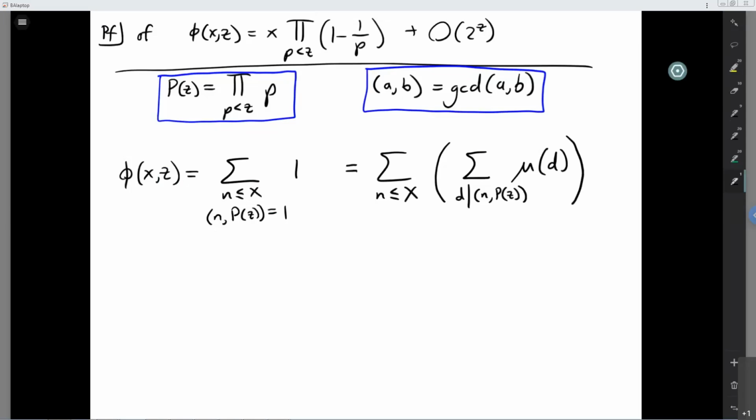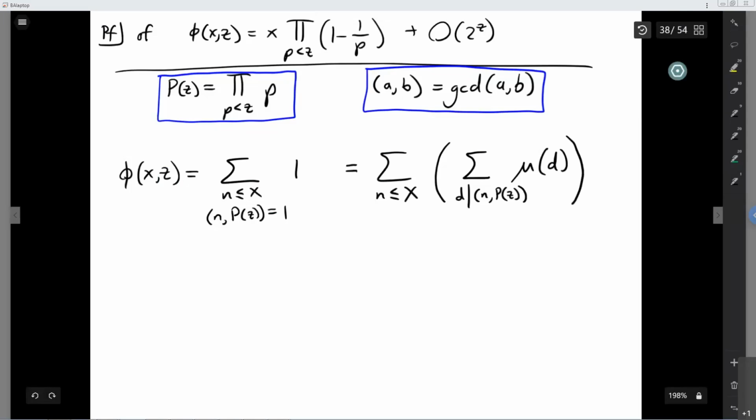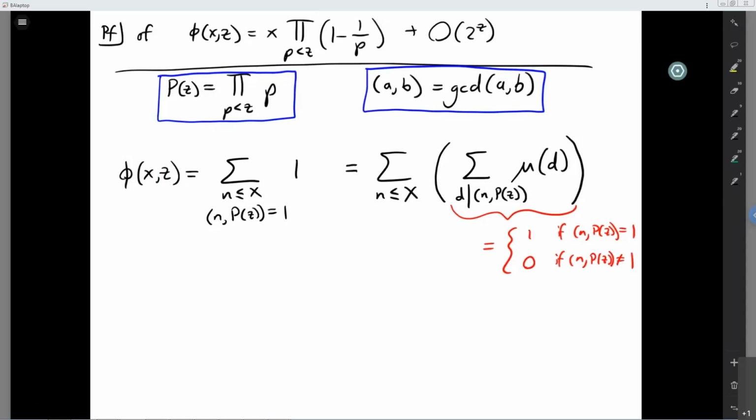So why is this true? Where did this Mobius function come from? Well, this is that property which told us that this is equal to 1 if the thing that we're summing over the divisors of is equal to 1, and it's equal to 0 otherwise, that is, if this thing we're summing over the divisors of is not equal to 1. So this is really the same sum.